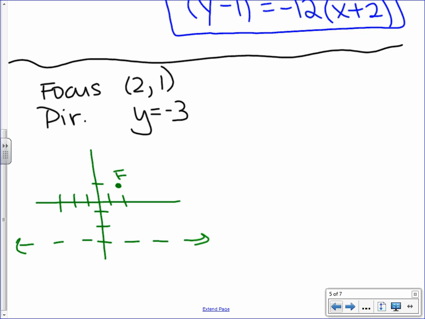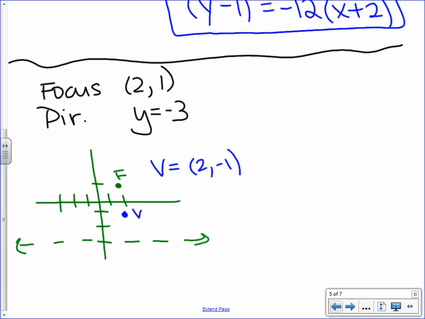You're saying 2, -1 would be my vertex. Why? Because it's in the middle. Our vertex better be smack in the middle between our directrix and our focus, right? That is why our vertex is there.